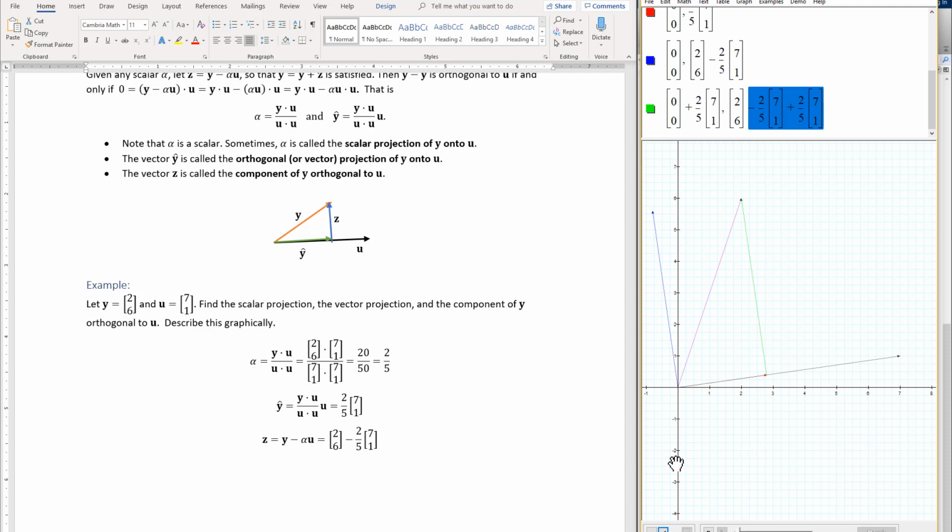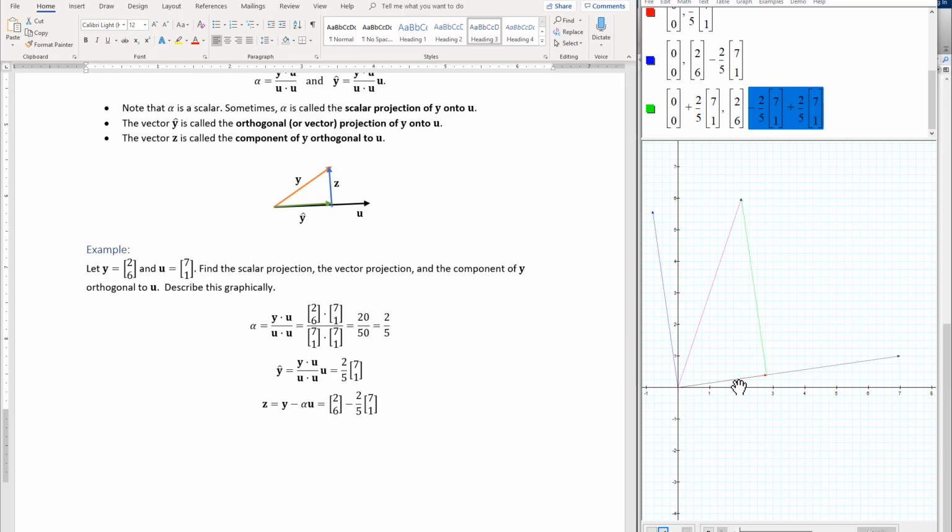Okay? All right. Now, notice that the length of u didn't matter in this case. In fact, if we have any line going through the origin in the same direction as u, then that would work also. We would still get the same answers. Our answers will not change just because the length of u changes. And so technically, you can see this projection of y onto u for any subspace.